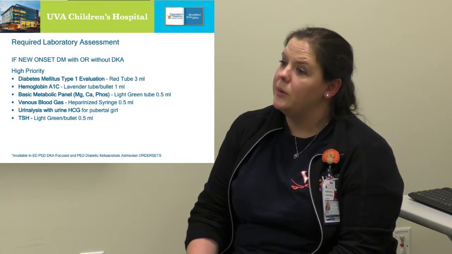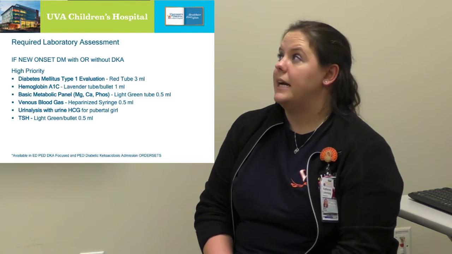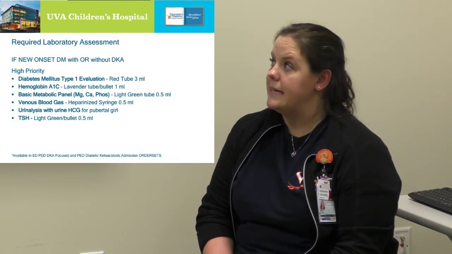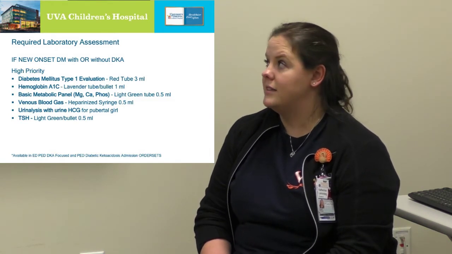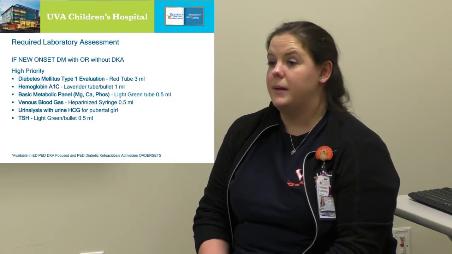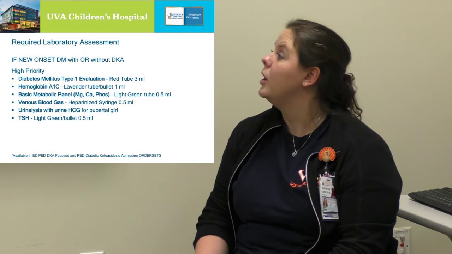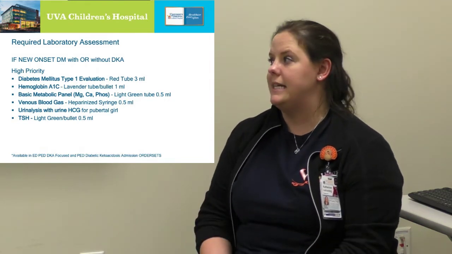Some of the high priority labs for a patient with new onset diabetes are the diabetes mellitus type 1 evaluation, a hemoglobin A1C, a basic metabolic panel including magnesium, phos, and calcium, a venous blood gas, a urinalysis plus a urine pregnancy test in girls who are of puberty age, and then TSH.